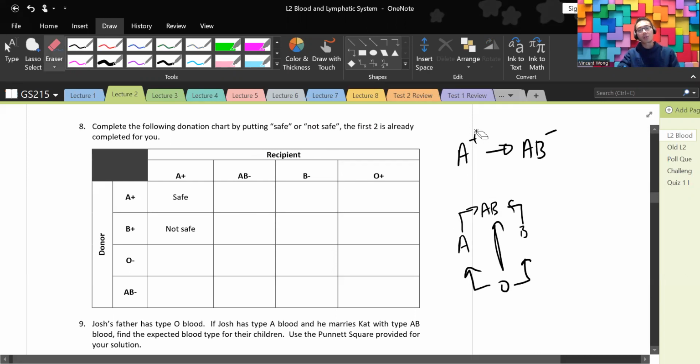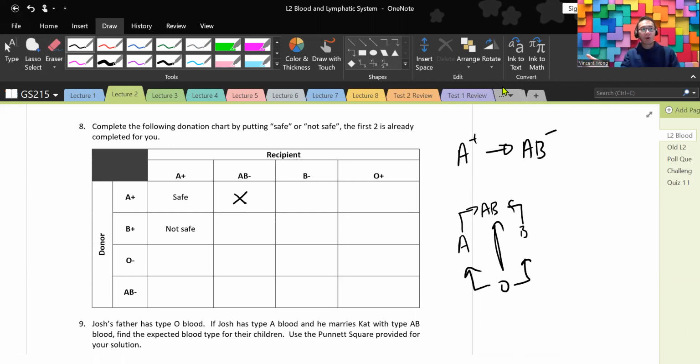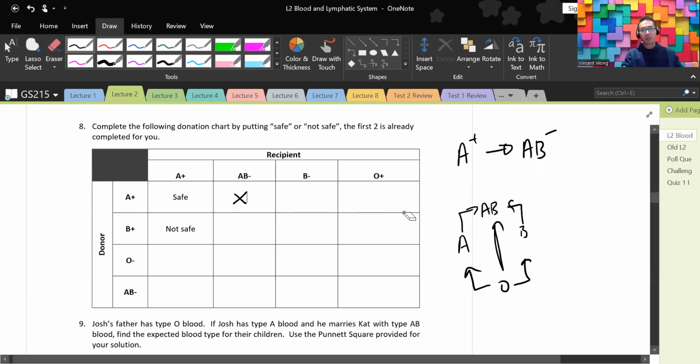However, we must also look at the Rh. Positive cannot give to negative. So therefore, this is not safe. Even though A can give to AB, because the Rh is not compatible, then overall it is not compatible. You cannot just have part of it compatible and ignore the rest. Everything has to be compatible for it to be safe. Does that make sense?